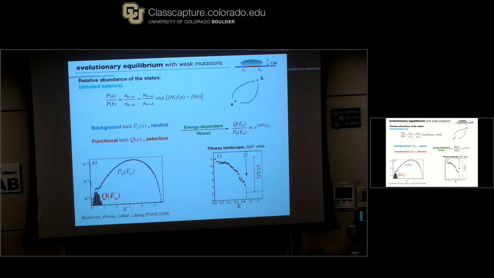I'm a bit confused. You have two states, the neutral and then the selectional one, and then each of them has many energies. So how are the energy and the two states related to each other? Yep. Right? So basically you think of every site that you see as one draw from one distribution or the other, right? So that's how these energies are. You can think, okay, I have a site here.